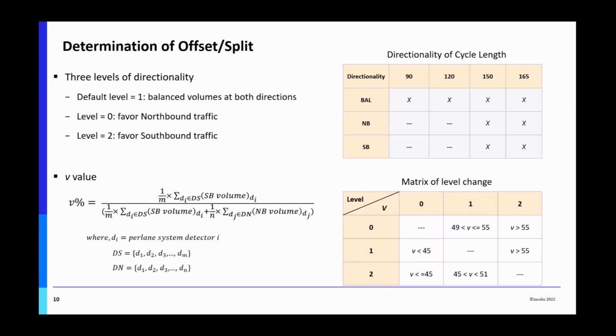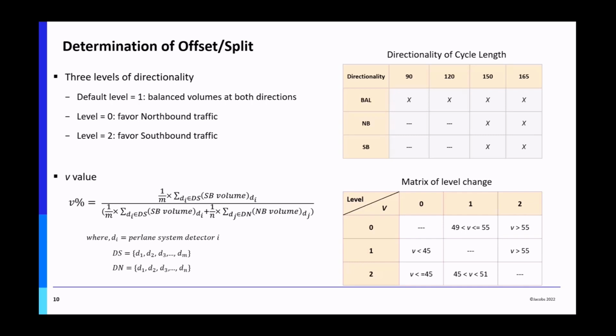But with the 150 and 165 cycle lengths, the V value is calculated to identify the congested direction. It averages the volumes collected by all detectors on the same direction and finds the southbound volume percentage of the total volume.